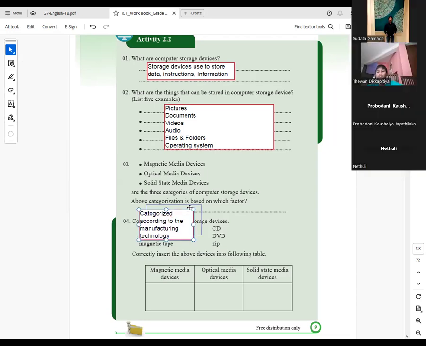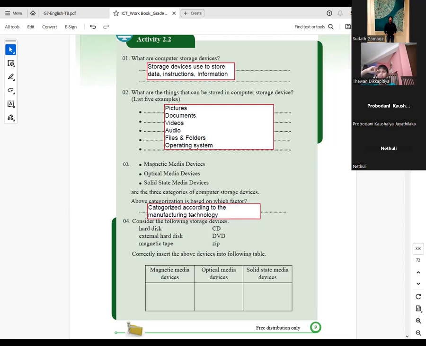Magnetic media devices are manufactured by different technology.